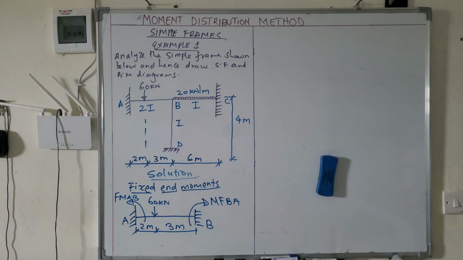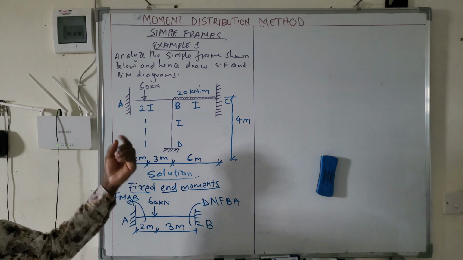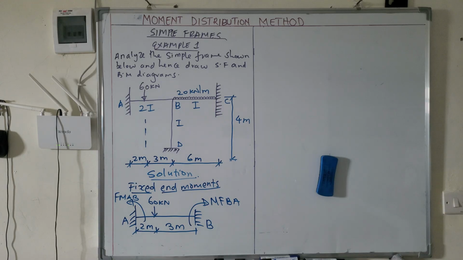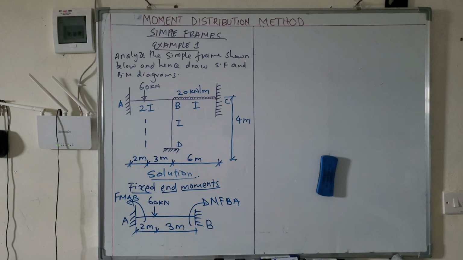And I hope I gave you these formulas for fixed end moment during the introduction to moment distribution method. So if you are not familiar with these four formulas for fixed end moment, go back to my video about introduction to moment distribution method.